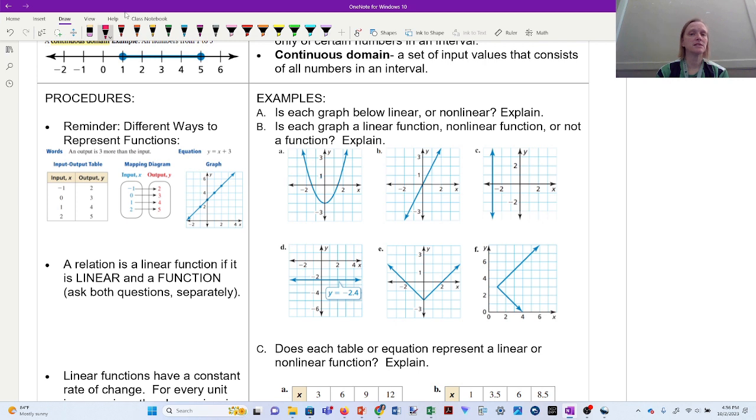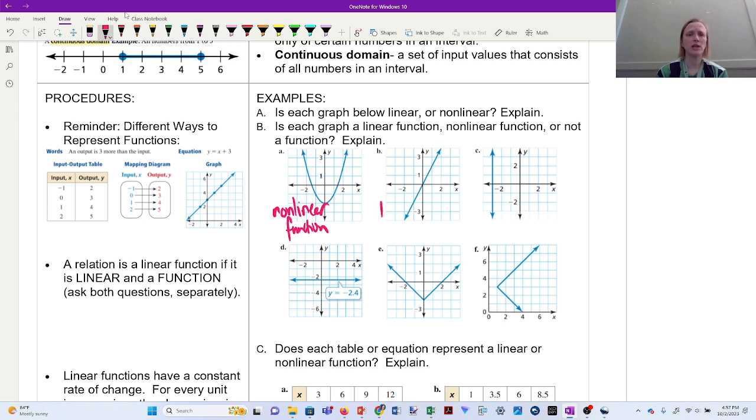Graph A, this is not a straight line. There's not a constant rate of change. So this is nonlinear. However, it is a function. If I do the vertical line test here, I never cross the graph more than once. So this is a nonlinear function.